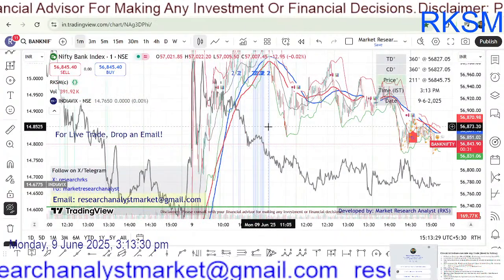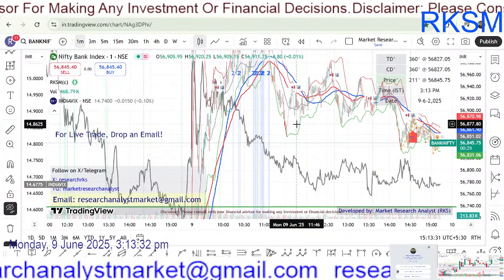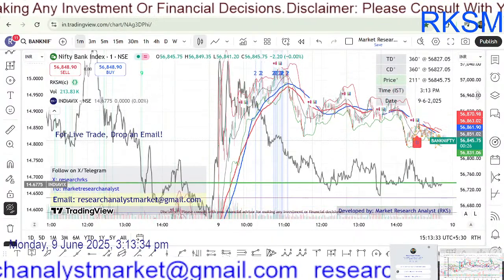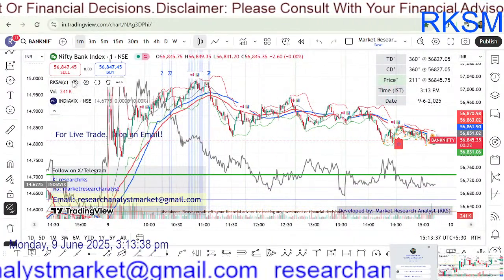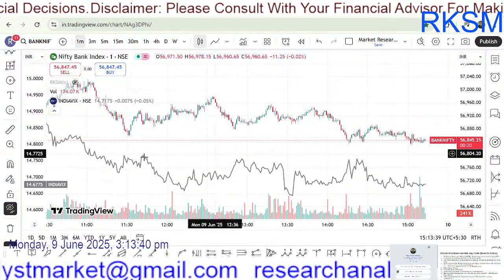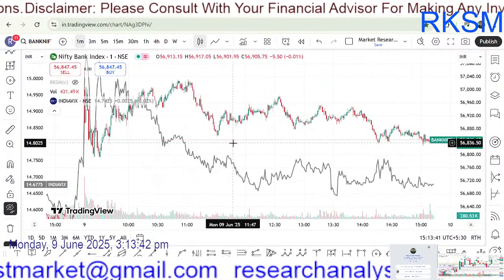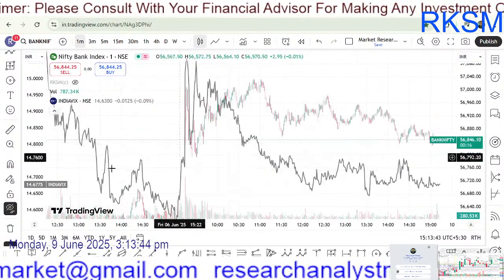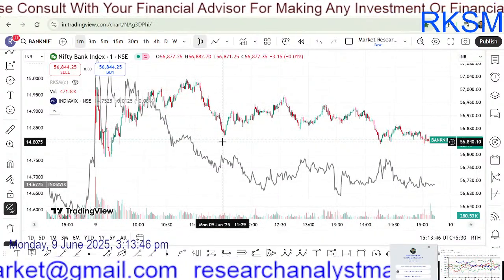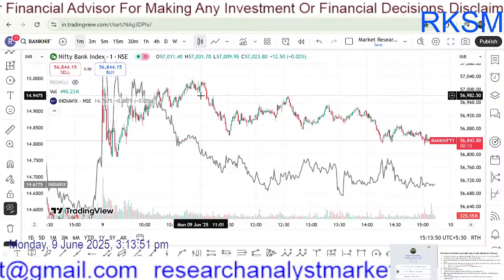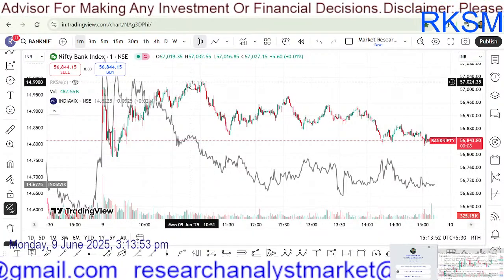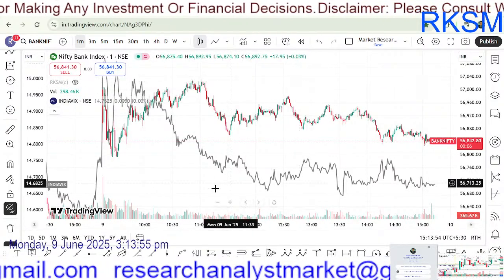We have developed this model, and it has very good capacity. If you notice, from the starting point I haven't talked about any trend line, any resistance line or support line.